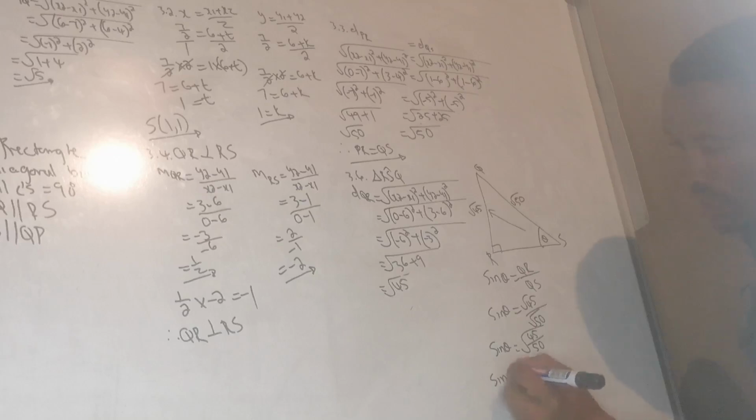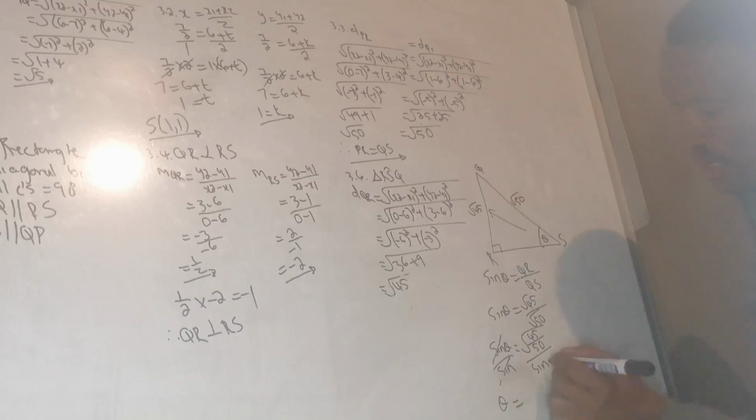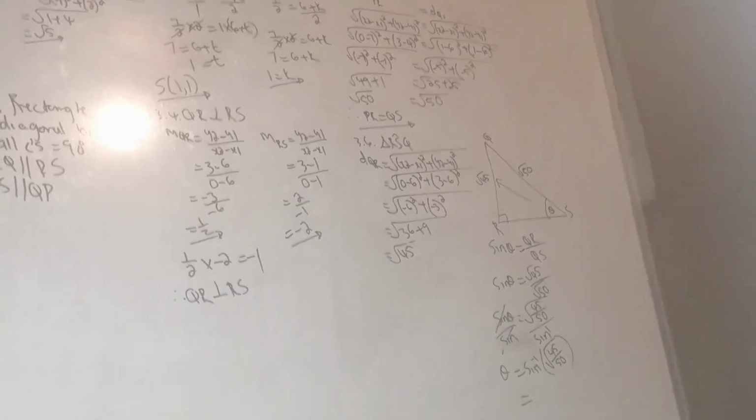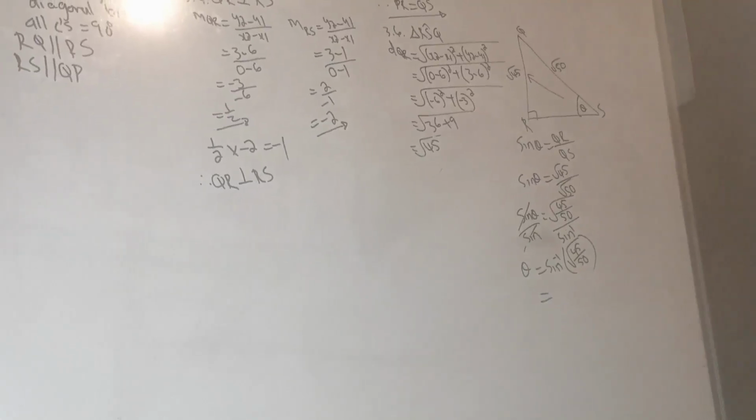Then theta will be arc sine of root 45 over 50. Root 4 over root 5 is the same as root 4 over 5. All I'm doing there is applying the fundamental principles of algebra.